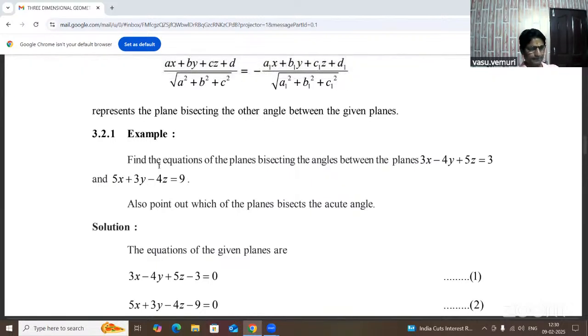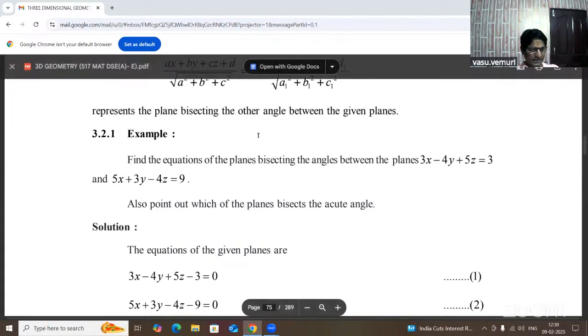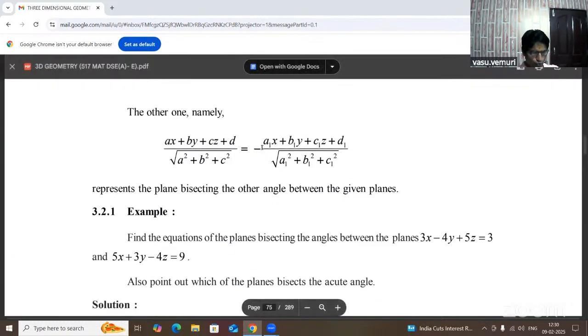Listen carefully. Find the equations of the planes bisecting the angles between the planes a1x plus b1y plus c1z equal to d1 and a2x plus b2y plus c2z equal to d2.